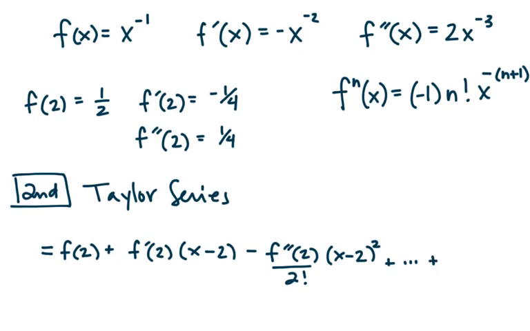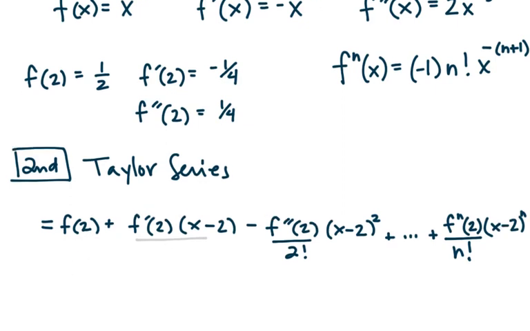Continuing along to some nth, we would have the nth derivative of 2, x minus 2 to the n over n factorial. And of course, these first two terms are over 1 factorial and over 0 factorial, but 1 factorial and 0 factorial are both 1.